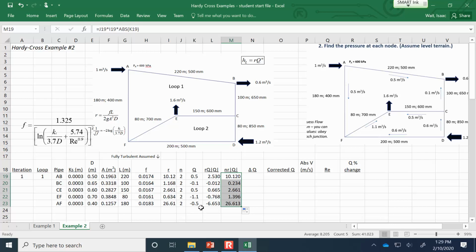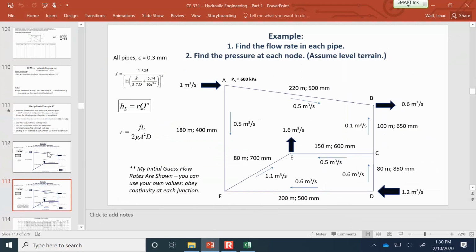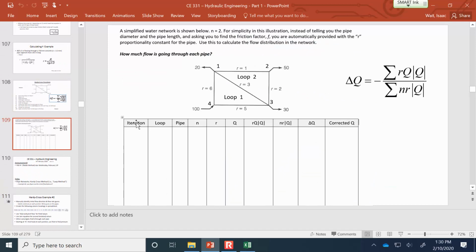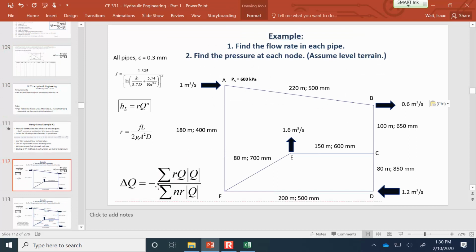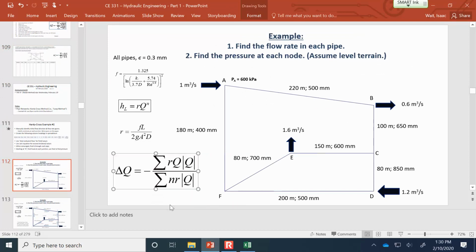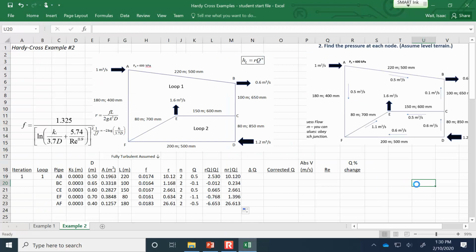All right, and then at the bottom of each we need to add up, because the equation that we're going to be applying, this correction equation, this one, it requires you to have the sum. Okay, so here's that equation.